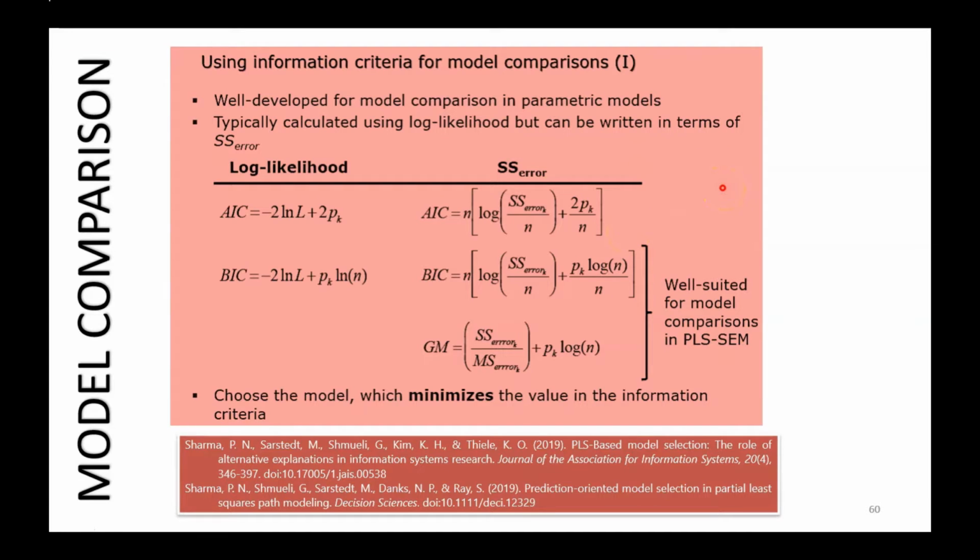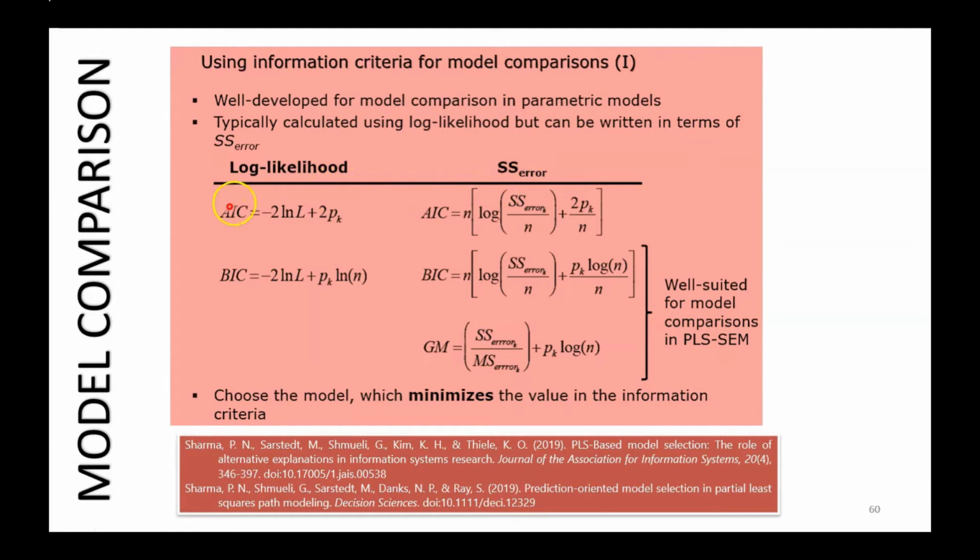Alright, so in this slide you can see some basics of model comparison, and what you need to know is that model comparison has been a well-developed practice in the context of PLS-SEM, which focuses on parametric models. Basically, the statistics used for model comparison can be calculated based on log likelihood and also based on the sum of squared estimates of errors.